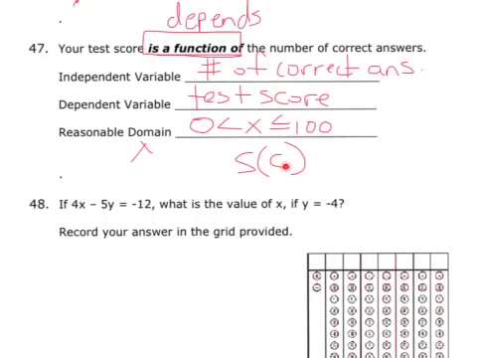You may also see it in a table, and we know that y depends on x. So the y in this case is your dependent variable. Test score is dependent upon the number of correct answers, which is our independent variable. So you could see it any of different ways: in sentence form, in function notation, or set up in a table.